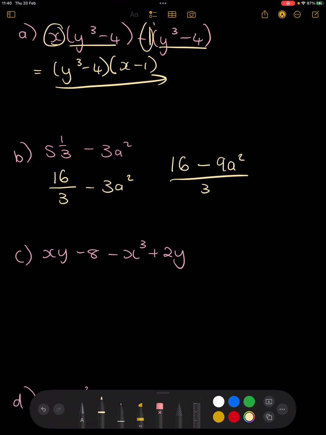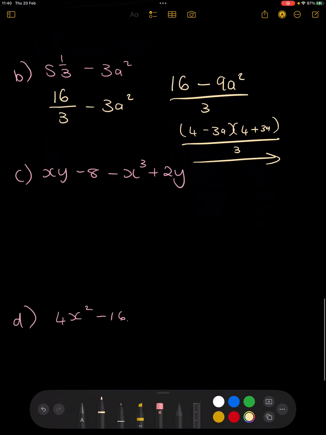Now it's very simple. It is just difference of squares. The other way you could have done it is you could have taken out a 1 over 3. Your answer would have been exactly the same.